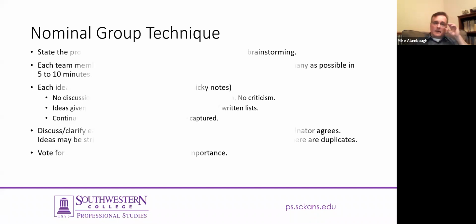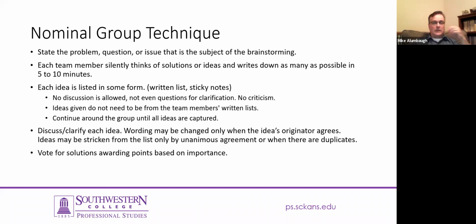For those that don't know what nominal group technique is, this is from the ASQ website. Basically, you state the problem, and then everybody has an opportunity to brainstorm a solution for about 5 or 10 minutes. And then you get into the next phase where everybody gets a chance to describe what they have written down.